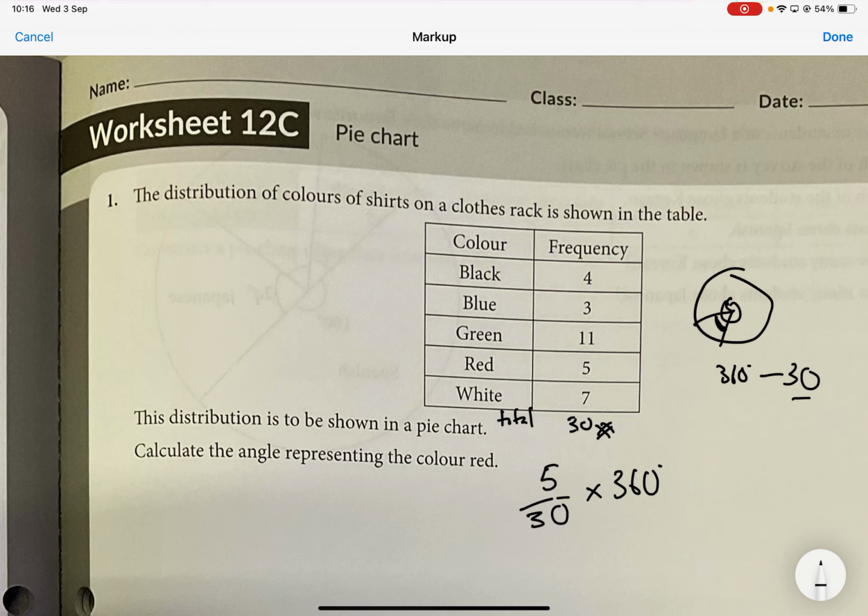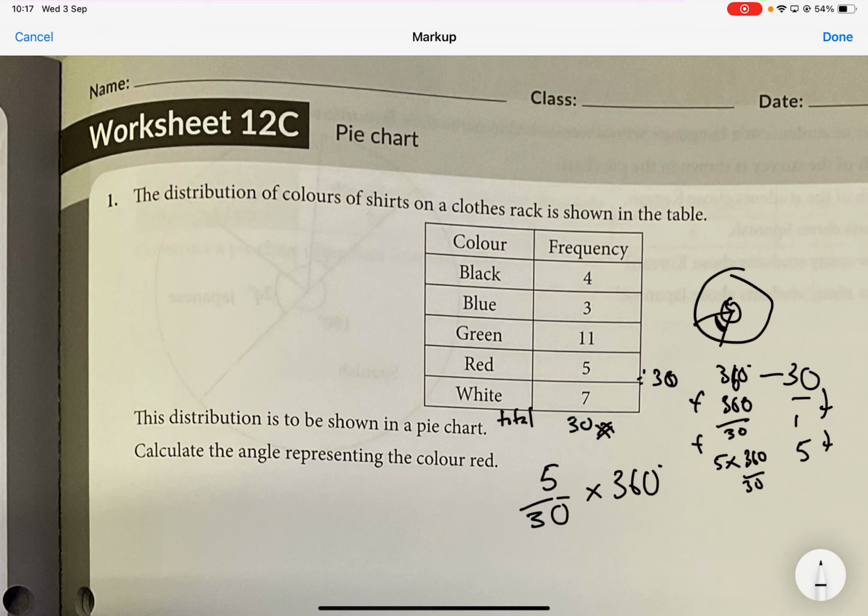If you cannot see this, we can also go back to our ratio. 360 degrees is 30. Each one will be divided by 30, so each one frequency is 360 over 30. Then when I want a frequency of 5, I will do 5 times 360 over 30. You will find that it is actually the same.